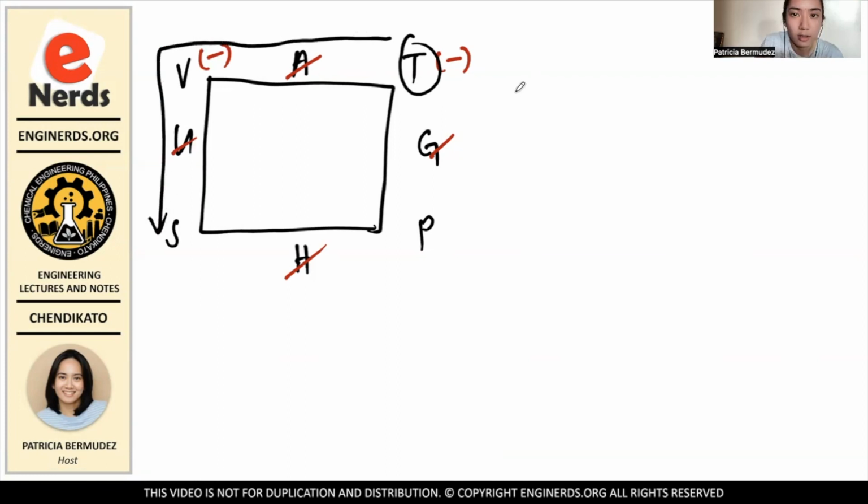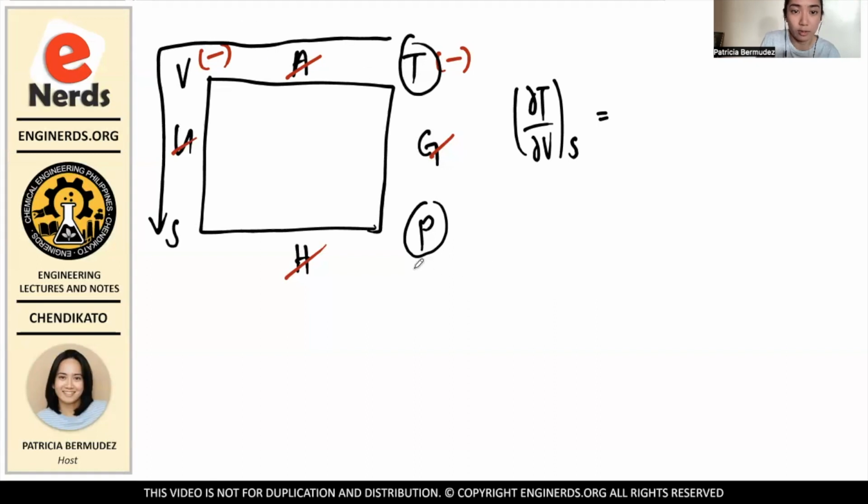You have to write the partial of T over the partial of V at constant entropy is equal to, ano yung hindi niya nadaanan sa apat na to? It's the pressure, right? You start at the property na hindi nadaanan nung arrow natin here.